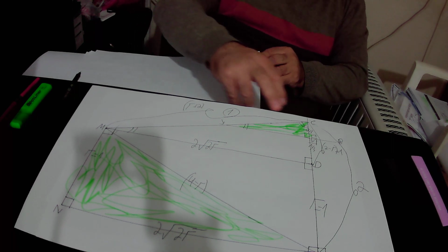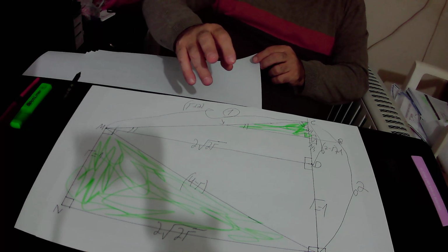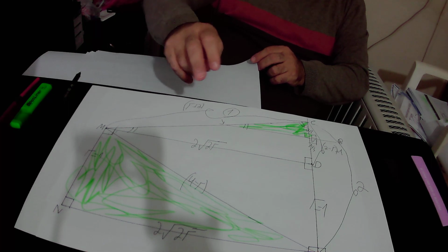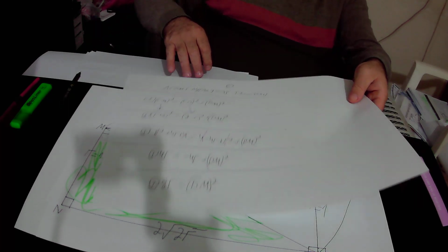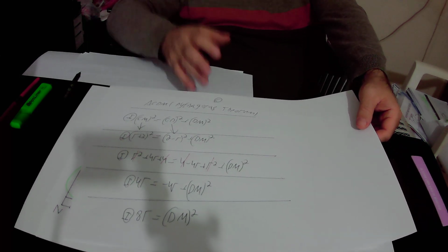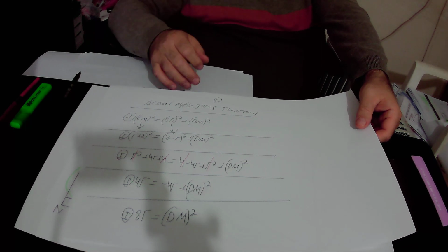What is the value of CM? CM is the distance between the centers of the small circle and the middle circle. Therefore it equals R plus 2. So we focus on the right triangle CDM. According to the Pythagoras theorem, the square of the hypotenuse equals the sum of the squares of the perpendiculars.